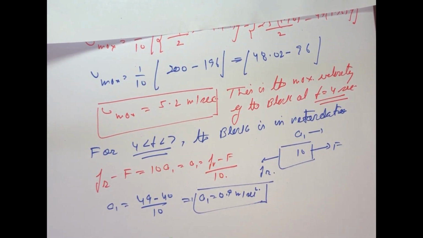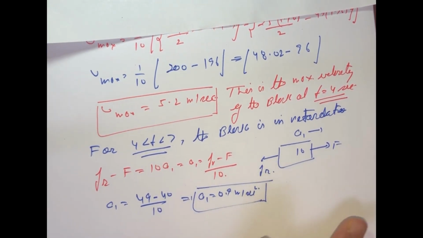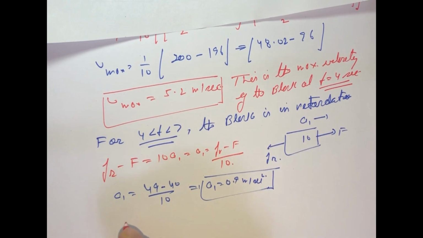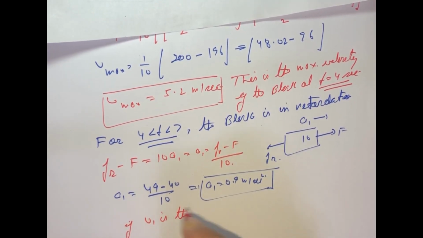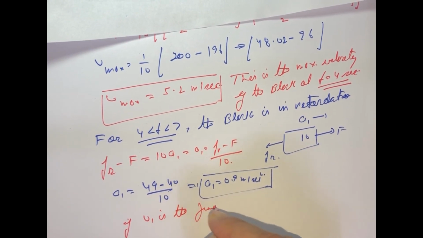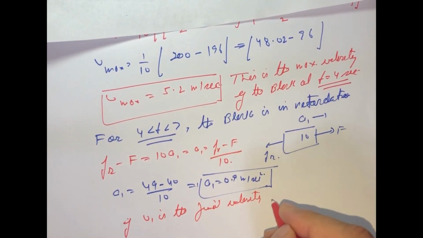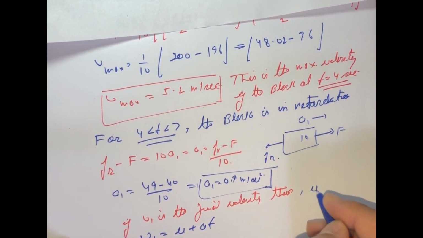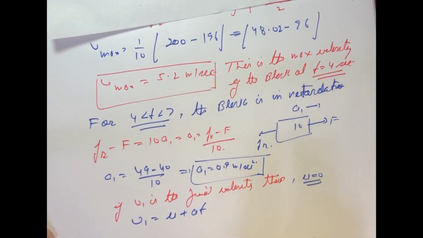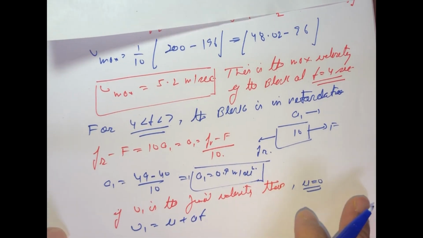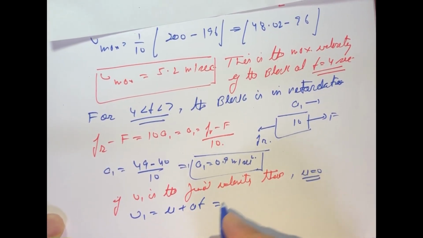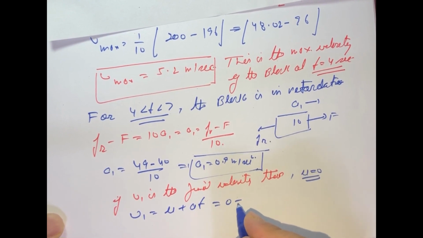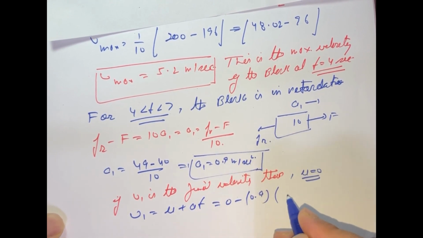Now let us find out the velocity. Okay, if v1 is the final velocity, then we can write v1 is equal to u plus at, and u is equal to 0.